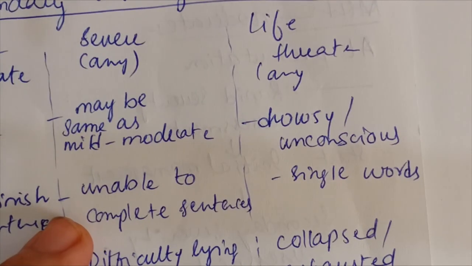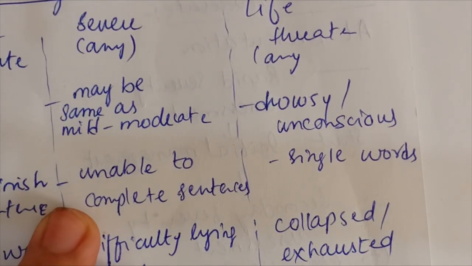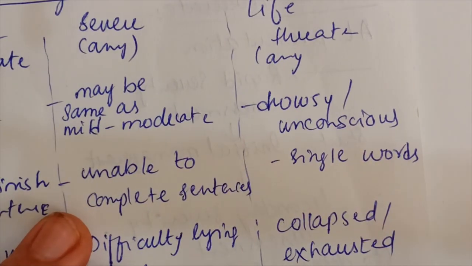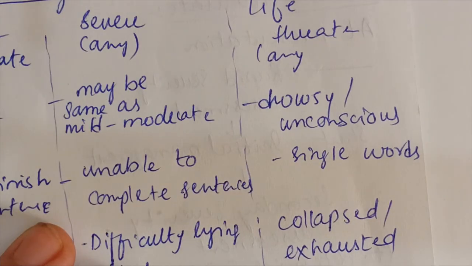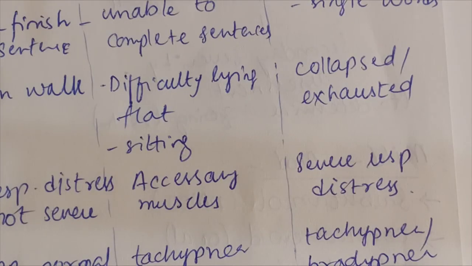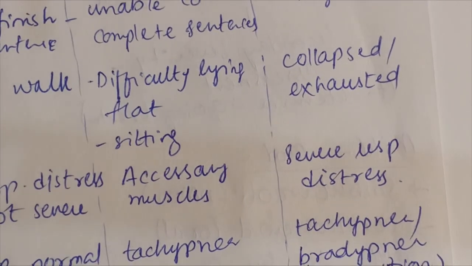In case of life-threatening exacerbation, the patient's consciousness would be decreased. That is, the patient would be drowsy or conscious. He can use only single words because the patient has severe shortness of breath, due to which he cannot say sentences. The patient would be collapsed and exhausted.